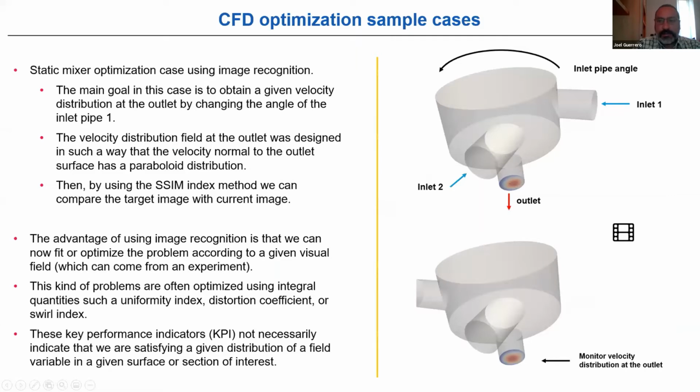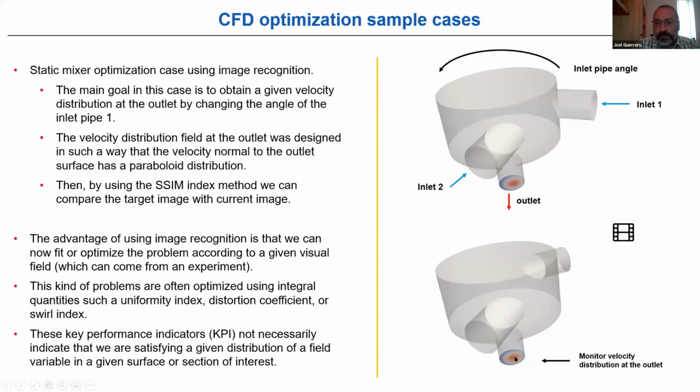Then another case that I would show you, which I'm doing lately, and I really like this approach. So far you use the quantity of interest, and you measure something like drag and lift. But in this case, what we're doing is using image similarity, image recognition or segmentation to do the optimization.